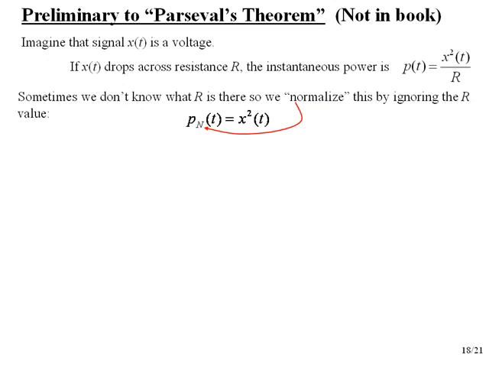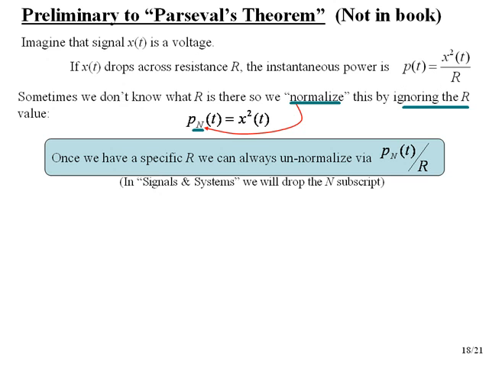So we can imagine that we're just normalizing away any physical resistance. By normalizing, we'll put this subscript n here, and we're just going to ignore the effect of the R value. In other words, we're going to normalize this whole quantity to unit resistance.